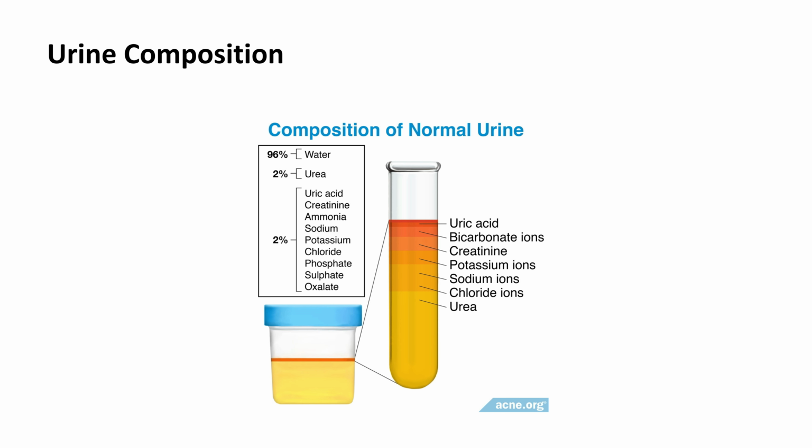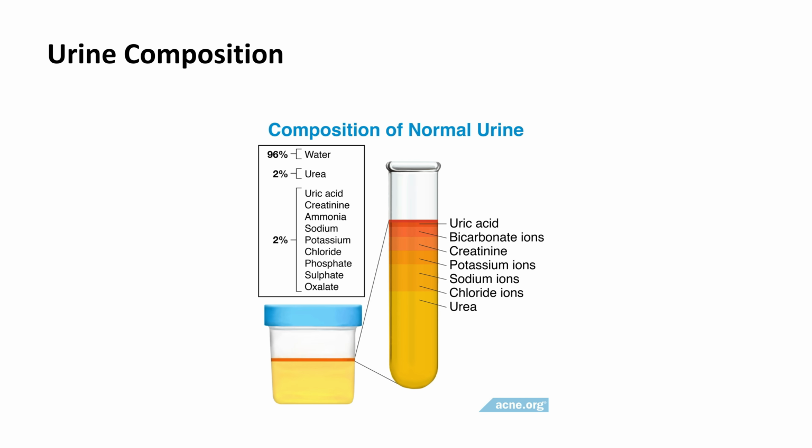Let's go into your urine composition. Your normal composition of urine is going to be 95% water, 5% organic waste. These organic wastes include urea, creatinine, ammonia, and uric acid. You're also going to have some ions in there, which are sodium, potassium, magnesium, calcium, chloride, sulfates, and phosphates.